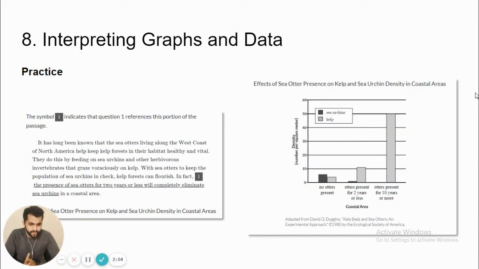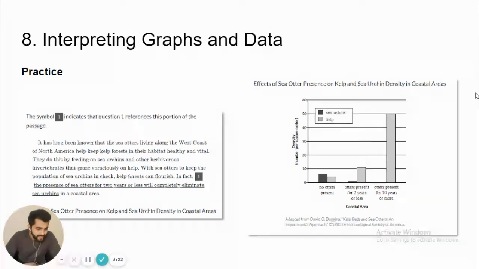The graph title is Effects of Sea Otter Presence on Kelp and Sea Urchin Density in Coastal Areas. In the legend, gray is for kelp and darker black is for sea urchins. Starting from the left, when there were no otters present, there were more sea urchins and the density of kelp is less.